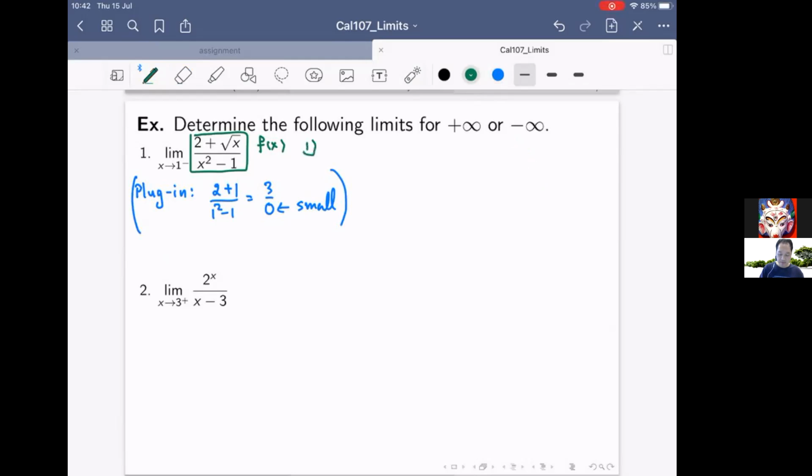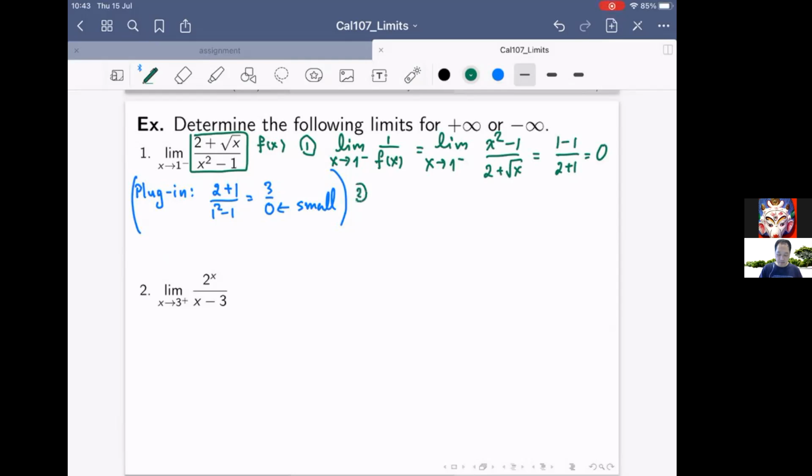The first step is to find the limit of the reciprocal, and the limit of the reciprocal becomes x squared minus 1 over 2 plus square root of x. And this one you can simply plug in, which gives 0. So don't forget that the first step is just to determine that it will go to either positive or negative infinity.